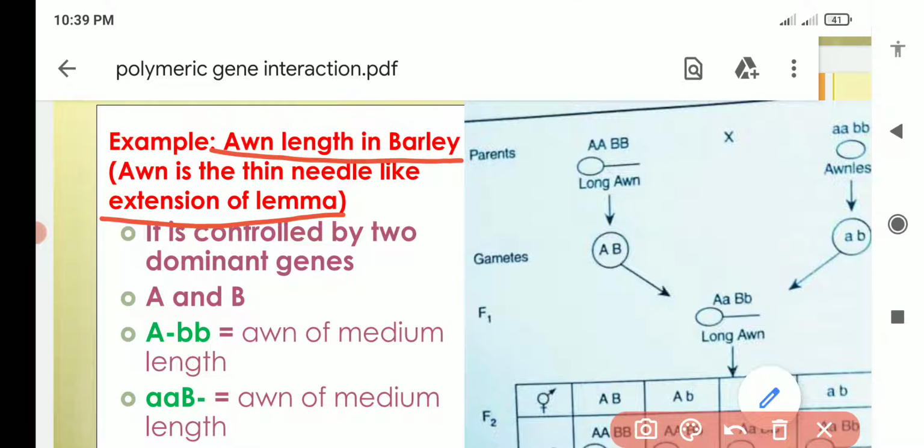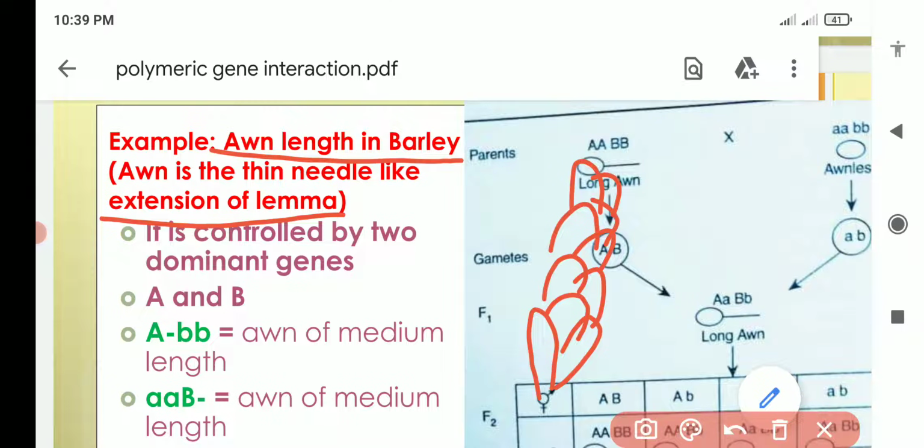If you have seen the plant of barley, it has a spike, where the seed production happens. It is the upper ear, this is the stem, and here it is observed.